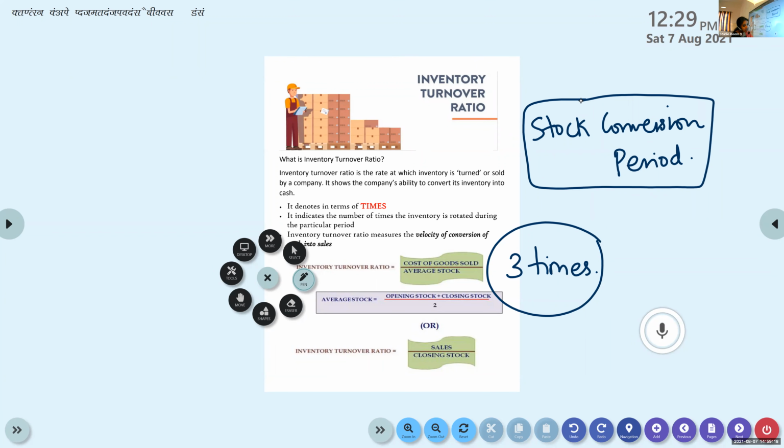That is the stock conversion period. How long does it take, or the time period required to convert the stock into sales.